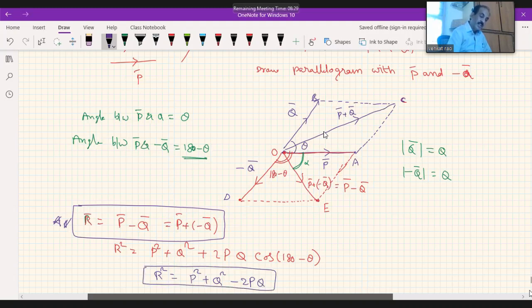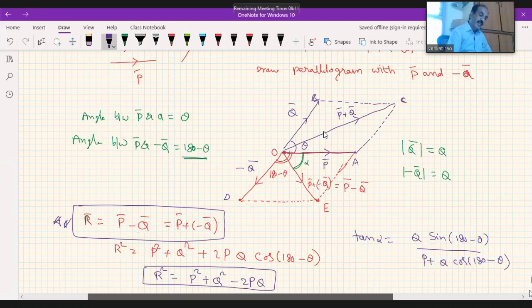This is one result. Tan alpha equals Q sine of theta, with theta replaced by 180 minus theta, divided by P plus Q cos of 180 minus theta.